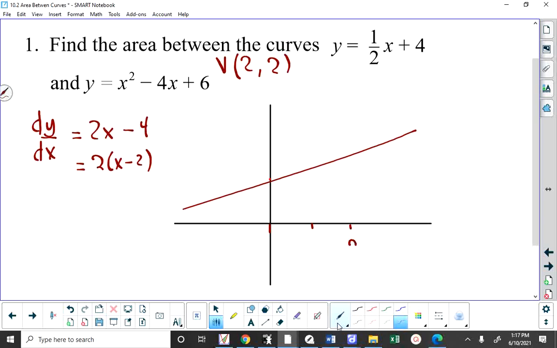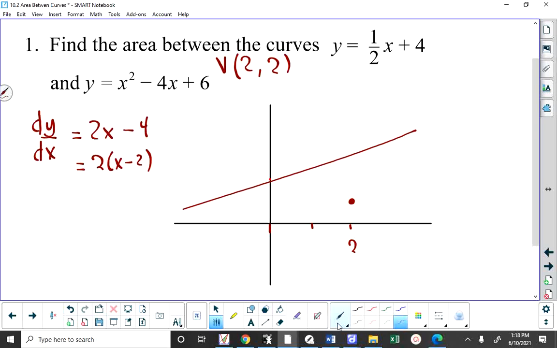Let's put x equals 2, the coordinate of the vertex, into the linear function and see what we get. So 1/2 times 2 plus 4 gives you 5, right? Why am I doing this? To confirm that the vertex of this parabola, which is at 2 comma 2, is in fact below this line.